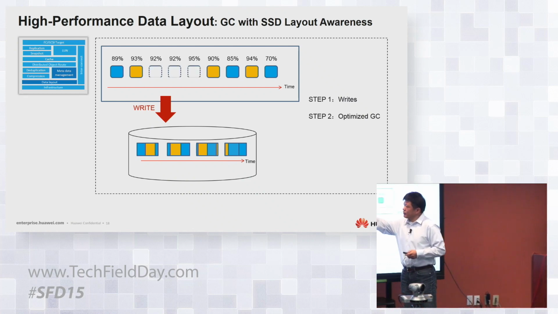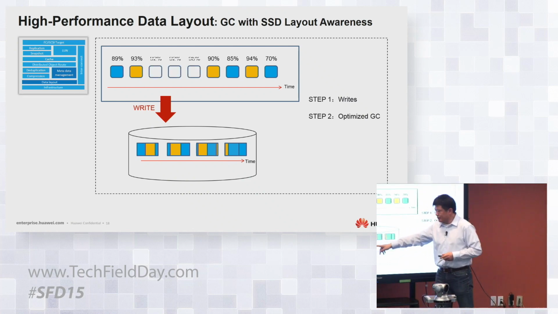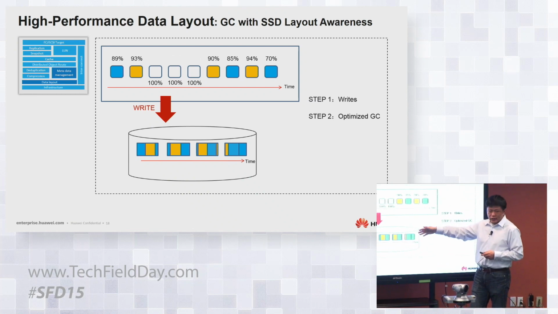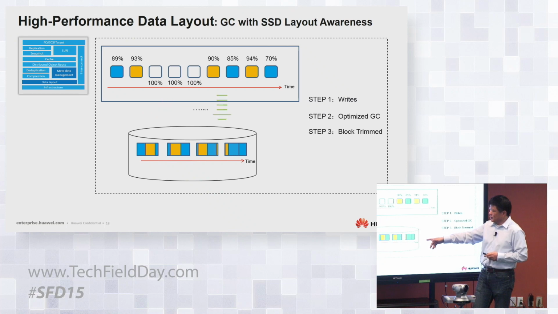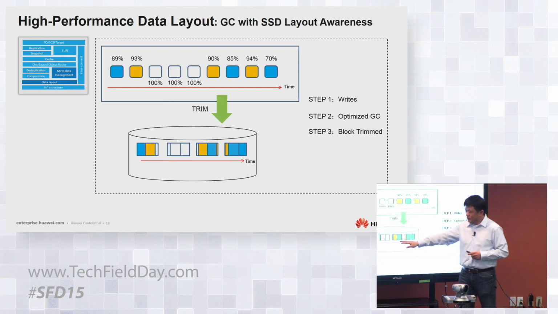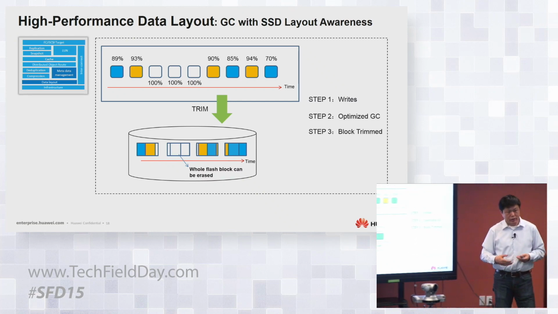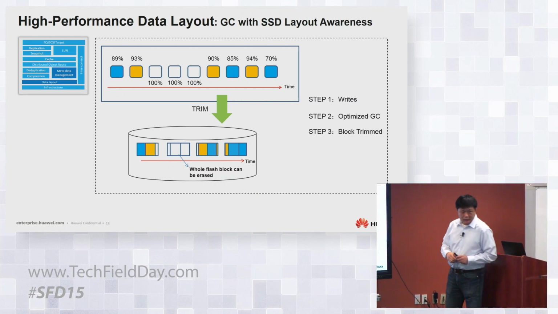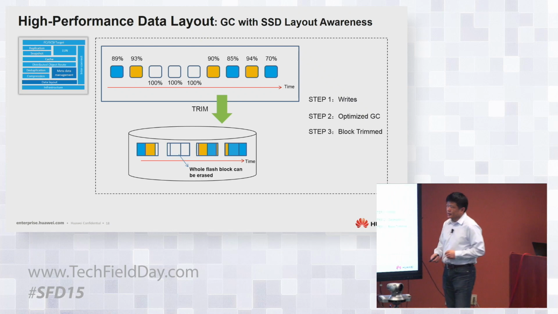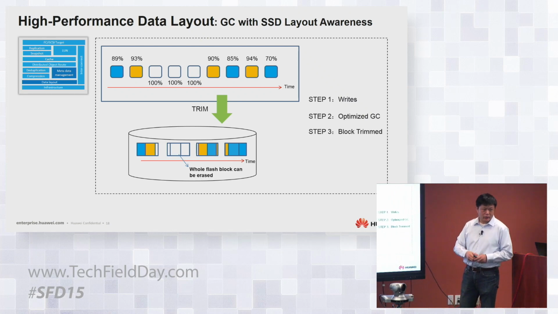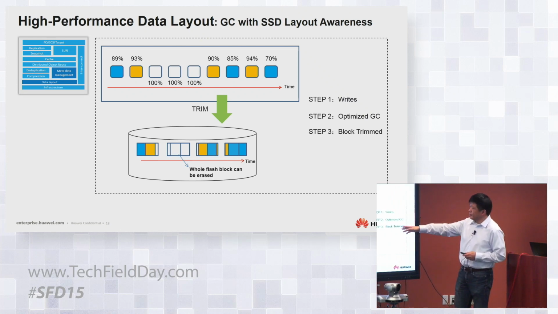Then we can pick those three. When you look at the drive, after we issue the trim command, it will look like this. Then we have a whole flash erase block which can be reused.